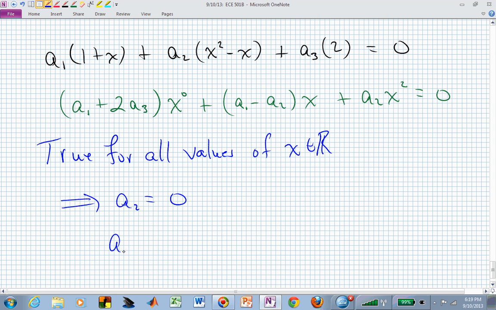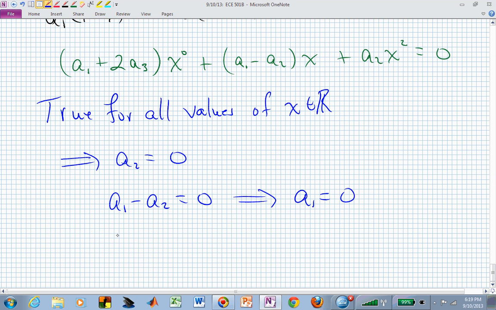We also need a1 minus a sub 2 to be 0, but if a sub 2 is already 0, that says that a1 needs to be 0. And finally, a1 plus 2a sub 3 needs to be 0. And if a1 and a2 are already 0, that implies that 2a sub 3 needs to be 0, or that a sub 3 needs to be 0.